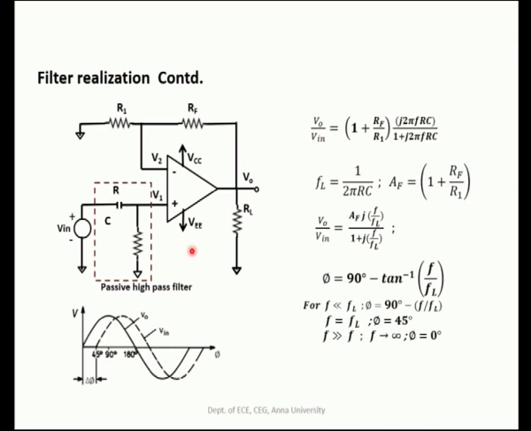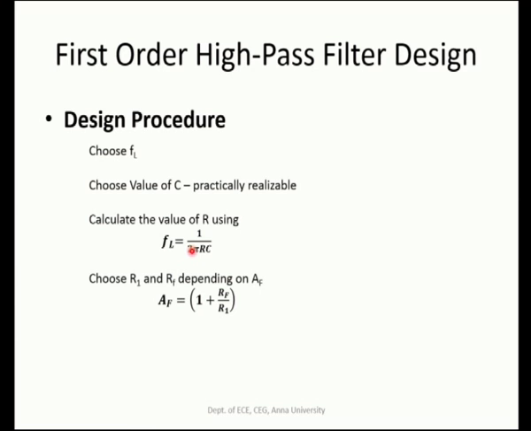Now, the magnitude is of great importance since it is a filter. So, we will use the magnitude response and design the filter. Let us see the design procedure, and then an example to design the circuit. First, we choose the cutoff frequency, the frequency up to which the signal has to be attenuated and after which it has to be passed.